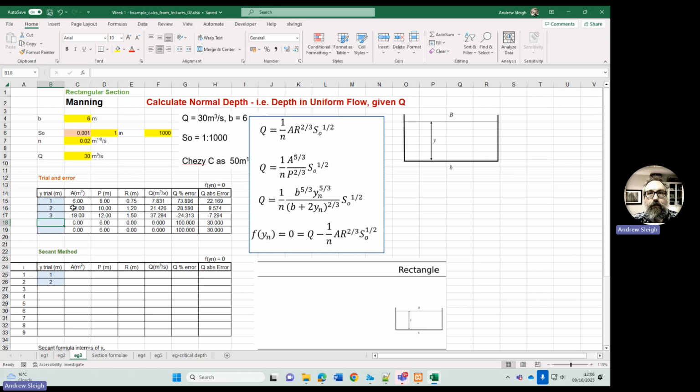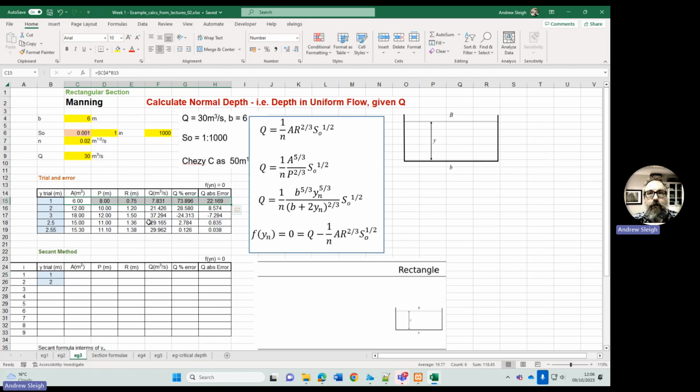So we've now got a change in sign here. So we know it's between 2 and 3. It's 2.5. Let's try this time 2.55. Oh, that's excellent. So we've got less than 0.5% of error. So okay, good. We've now got 2.55 for this problem where the Manning's n is 0.02.